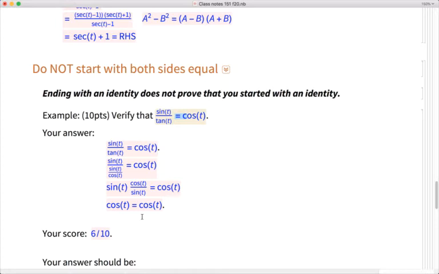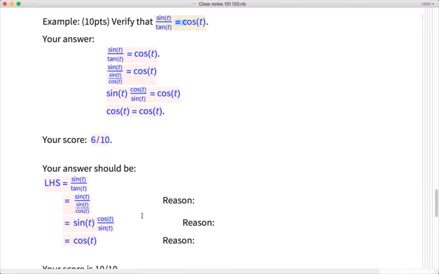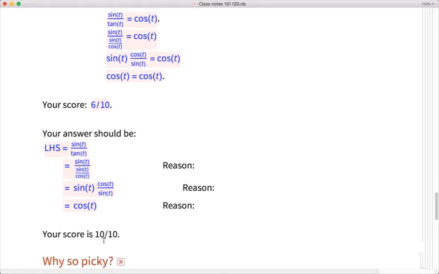We simply will not allow this to stand as a proof of an identity. So just to review, you start on the left-hand side and you go until you get to the right-hand side, and then you get 10 out of 10.